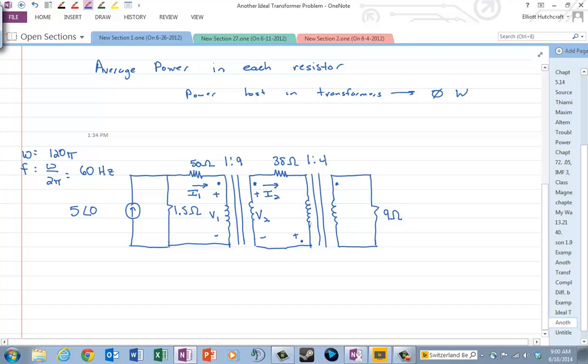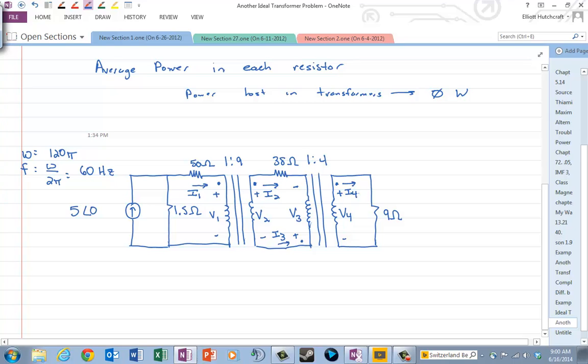Okay, the next transformer, I'll do V3 and V4 for this, so plus to minus I'll label that way. Plus is at the dot down at the bottom for the primary side of the second transformer I have here, and then plus to minus V4 at the secondary side of the second transformer I have there. Now, the current needs to go into the dot, I'll call that current I3 for the first one, and the current needs to go out of the dot for the second, so I4 for the second one.